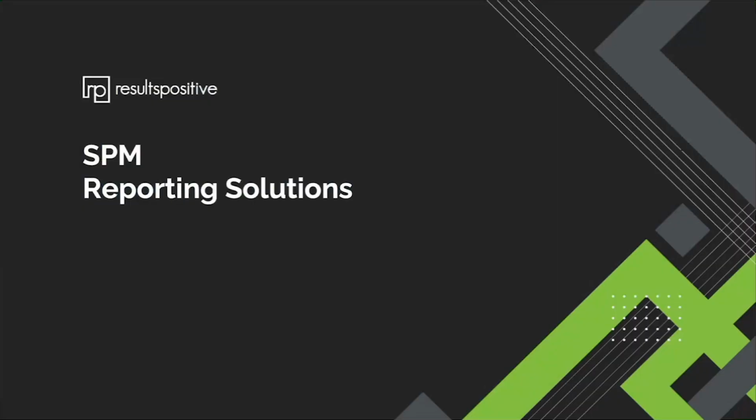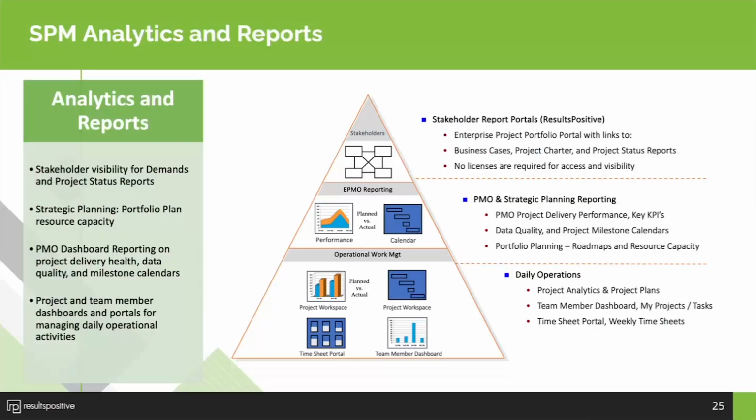So next, I wanted to highlight a little bit when it comes to reporting. As we mentioned earlier, reporting is a key critical area we've seen that really accelerates adoption of the solutions and helps circumvent issues with organizational change. So when we look at things from an overall reporting perspective, we see a need for stakeholder reports and visibility.